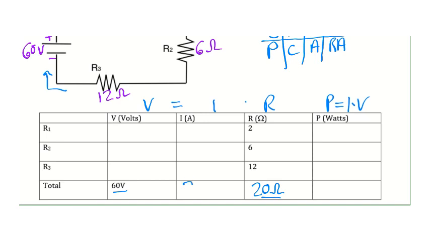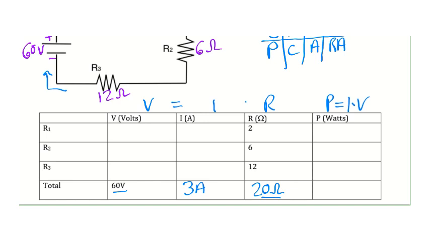And again, I'm going to get 3 amps. So this is the second example, I think, where we got 3 amps. Just to clarify, current is not always the same. It's really just going to depend on each individual circuit. The process, though, is the same. You're always going to divide total voltage divided by total resistance to get total current.